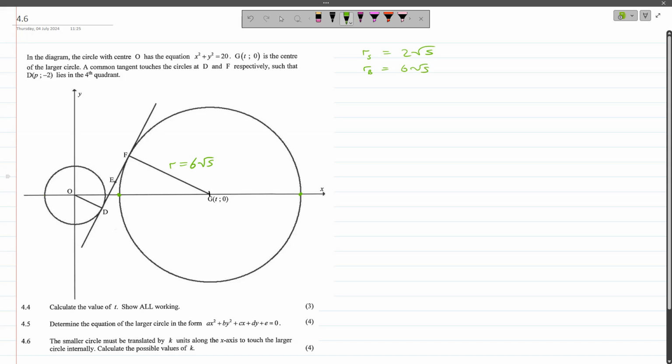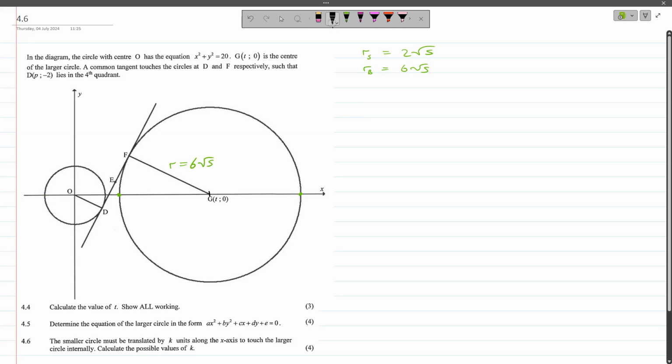Now for this circle to touch this one internally, again I said it needs to be shifted such that it's inside of the circle at that point. Therefore it will be 20 minus 6 root 5 plus 2 root 5. So this is the first value of k.